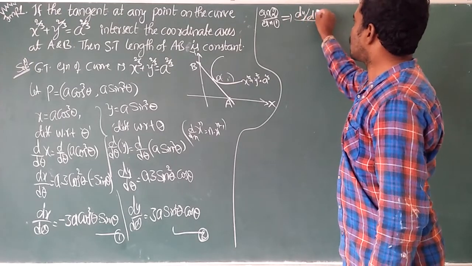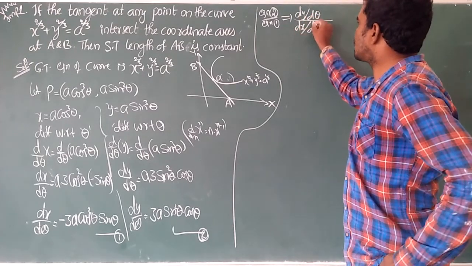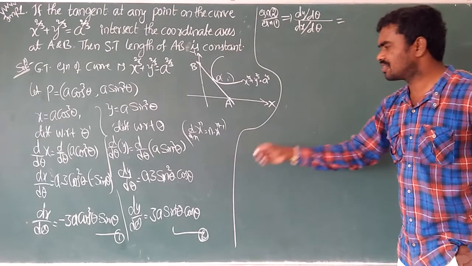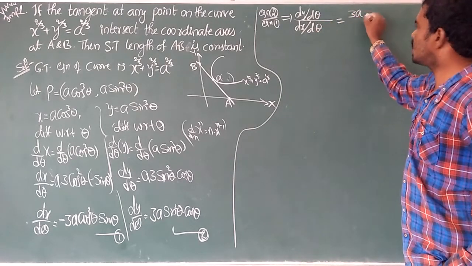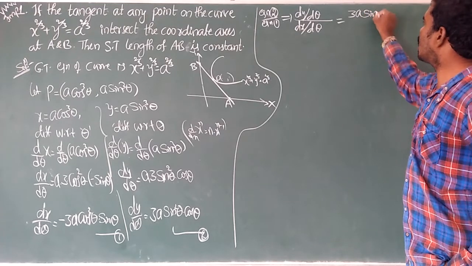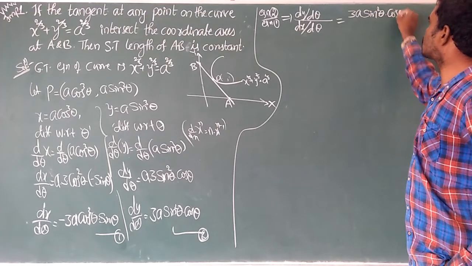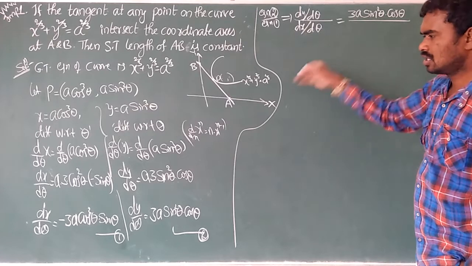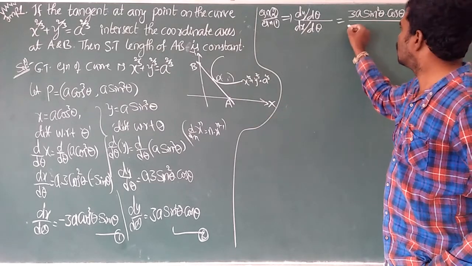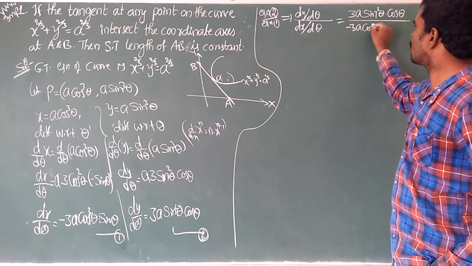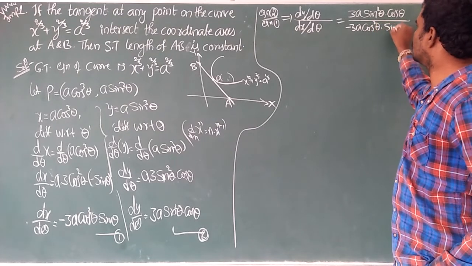dy by d theta by dx by d theta is equal to, what is the equation 2? First, 3a sin square theta into cos theta, by, what is dx by d theta? Minus 3a cos square theta into sin theta.